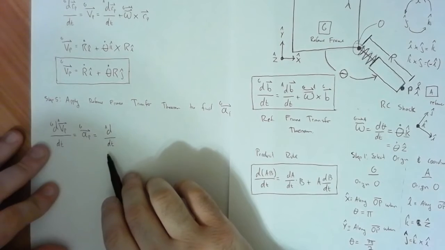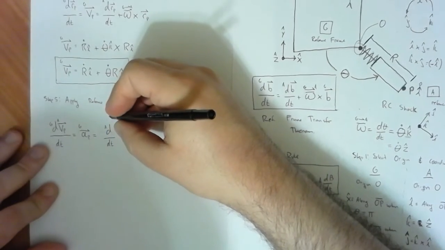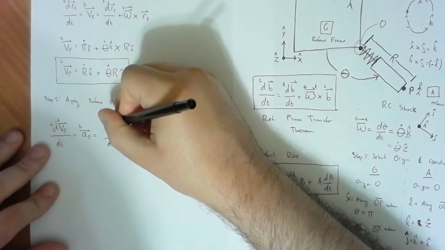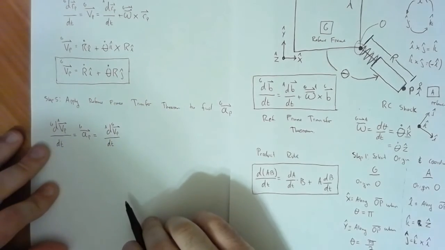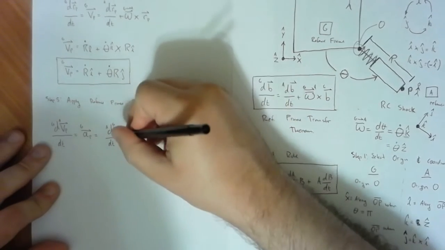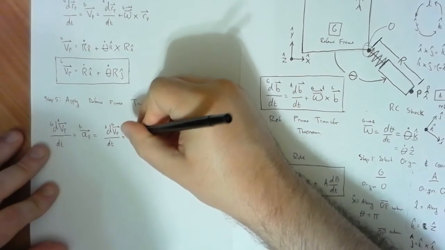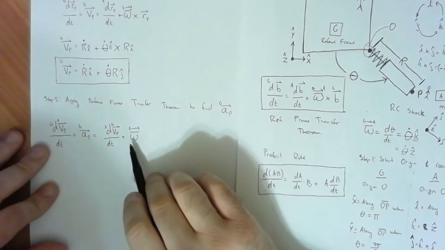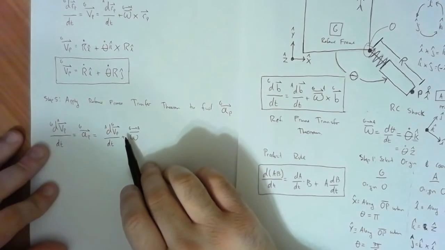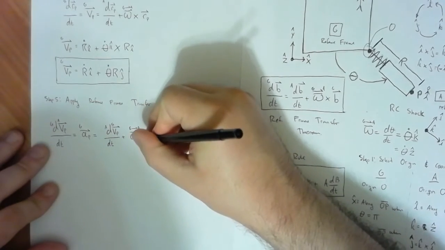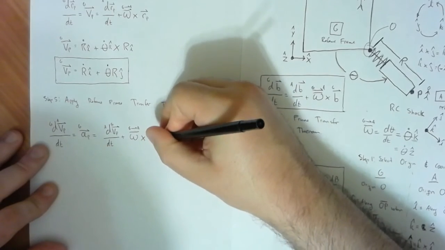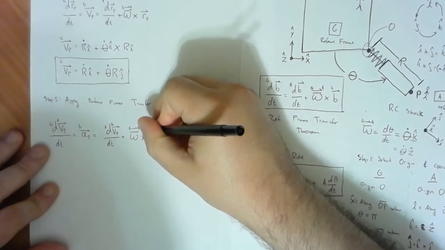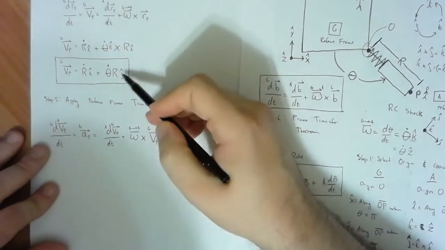Well, what's that something? It's going to be VP now in the G reference frame. Okay, so I got that term. And then I need to add my omega, that's my rotation from G to A. So that's the rotation between the G reference frame and the A reference frame. And then I need to cross this with my velocity in the G reference frame, which happily I just solved for. So I've got that.